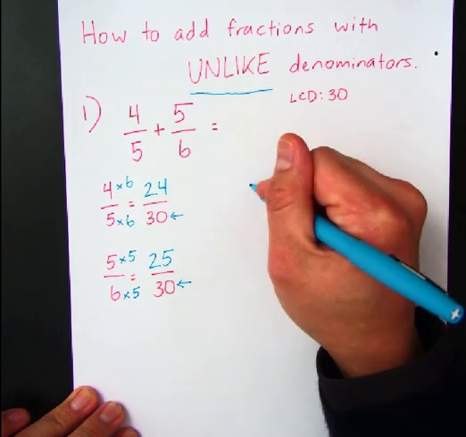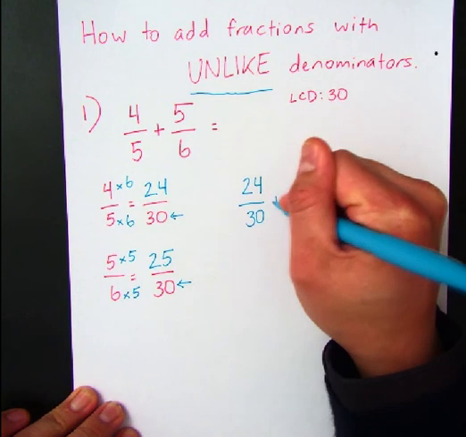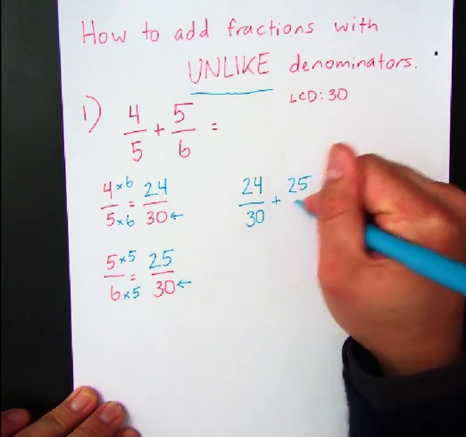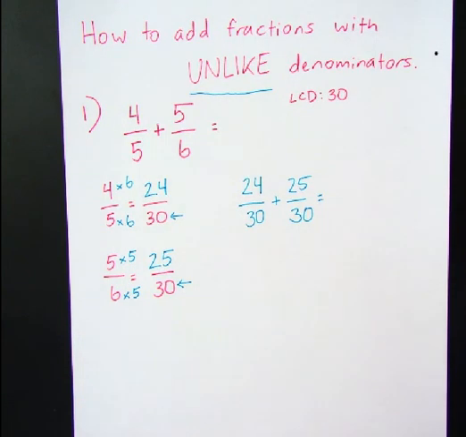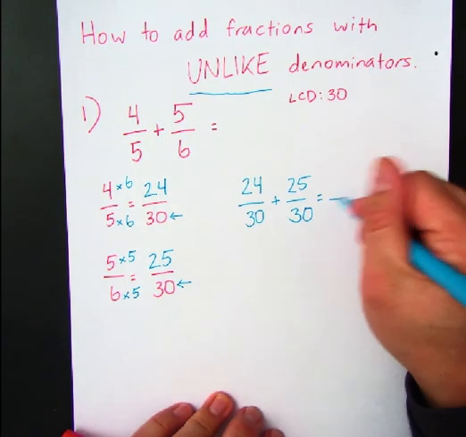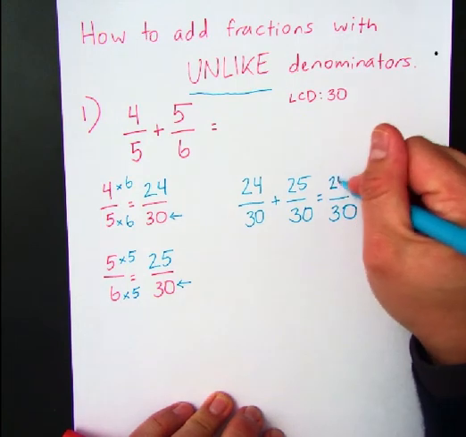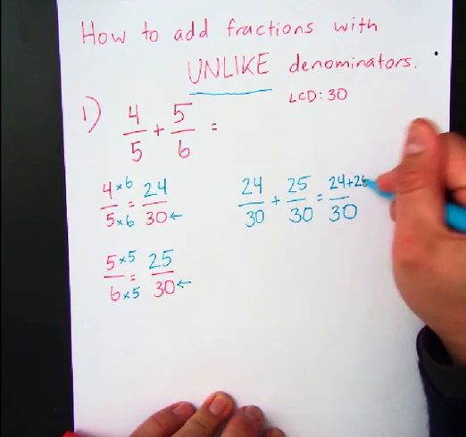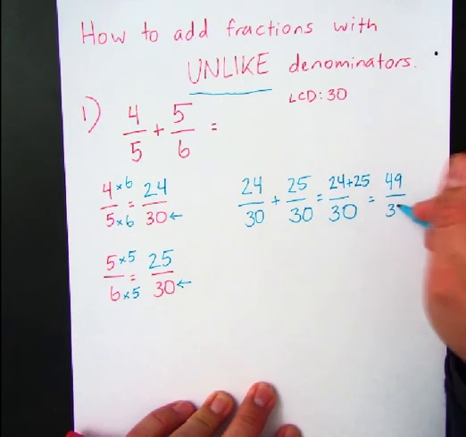So we will rewrite it as 24 over 30 plus 25 over 30. Now, from a previous lesson, because they have the same denominator, that will stay there. And then we would add 24 and 25, which is equal to 49 over 30.